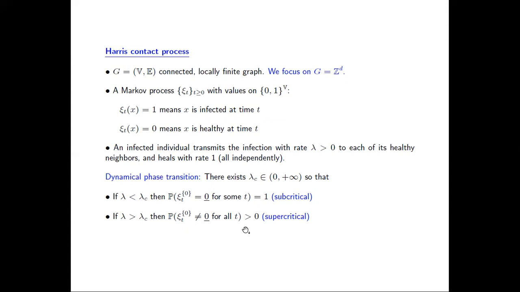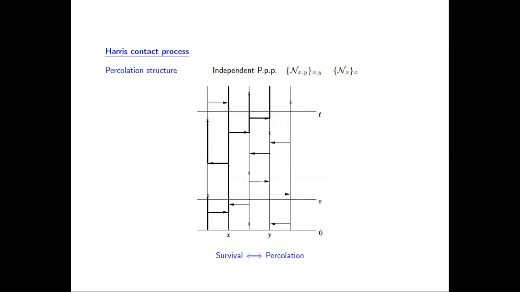Okay, so we can think of this process as a percolation model, with the percolation structure behind it, which is just a space-time graph. On each edge, you think of independent Poisson processes with rate lambda in each of the directions. And you think of crosses, which represent independent Poisson processes with rate 1.